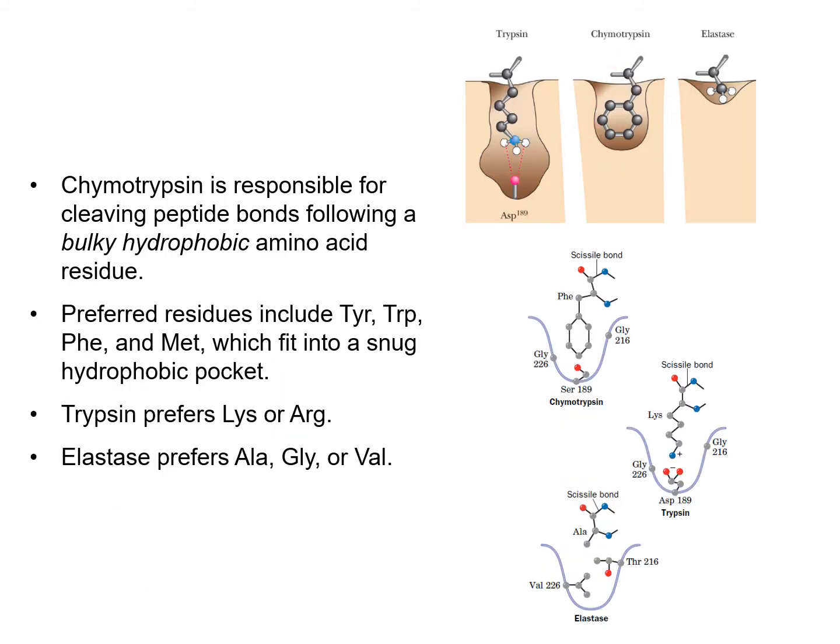Chymotrypsin is responsible for cleaving peptide bonds following bulky hydrophobic amino acid residues such as tyrosine, tryptophan, phenylalanine, and methionine. All of them are pretty big or contain the phenyl ring, which fits into a snug hydrophobic pocket here. But trypsin prefers lysine or arginine, and elastase prefers alanine, glycine, and valine, which are small amino acids. So based on their shape, structure, and the constituents of those pockets, they have different substrates.